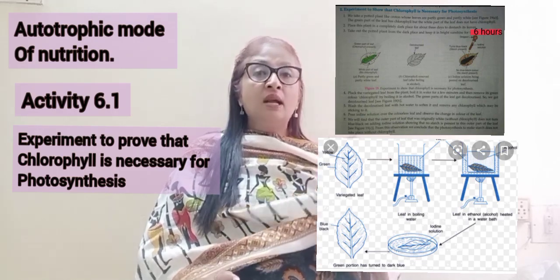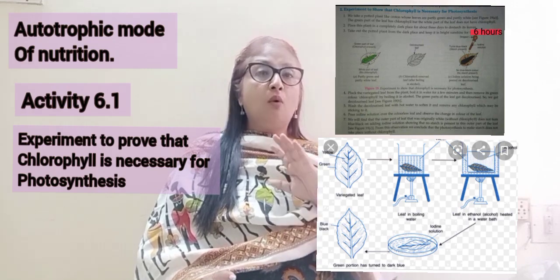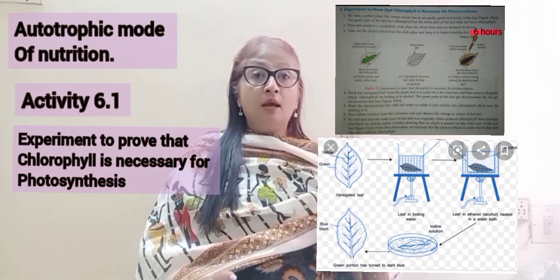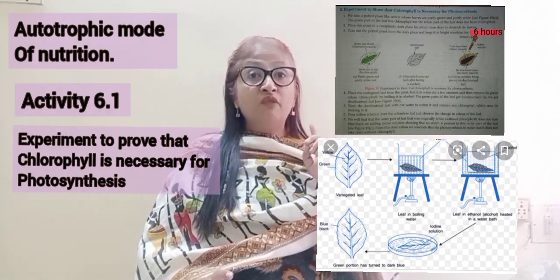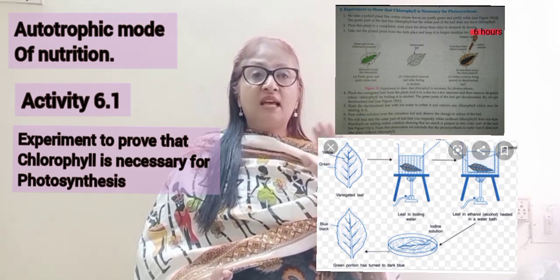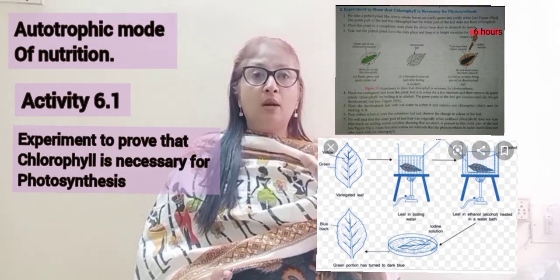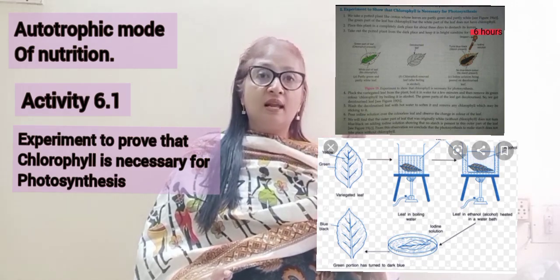Then we have to take a dropper and pour a few drops of iodine over the leaf. We will observe that those parts which are green in color become blue-black, and the other parts, which were colored yellow or red, do not turn blue; they remain colorless.